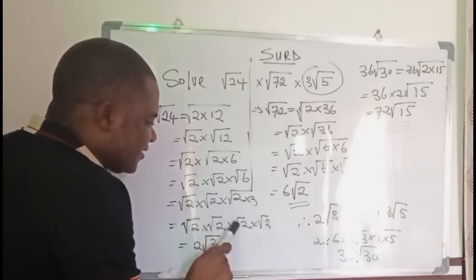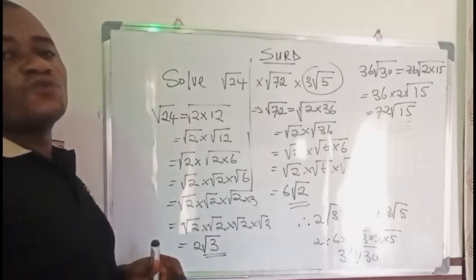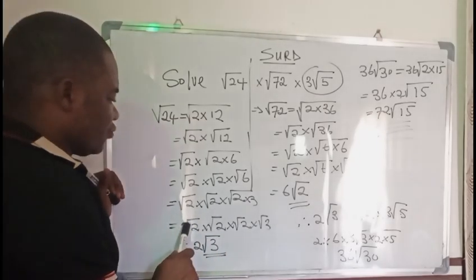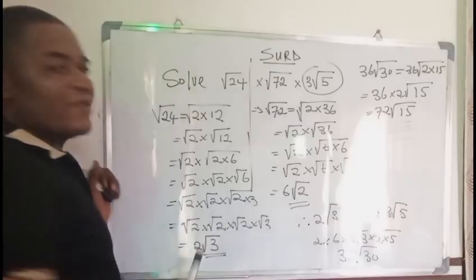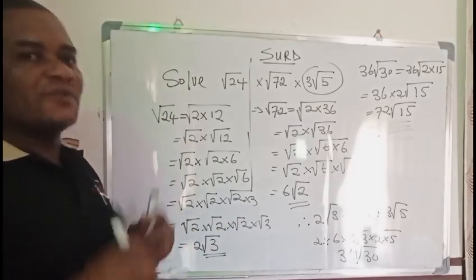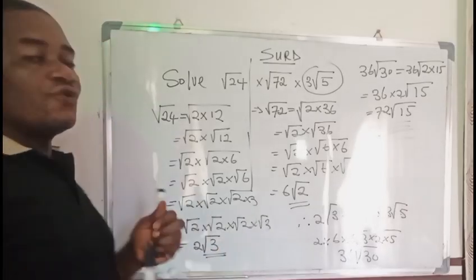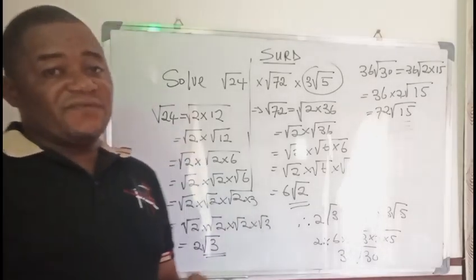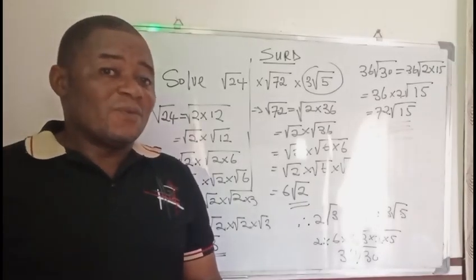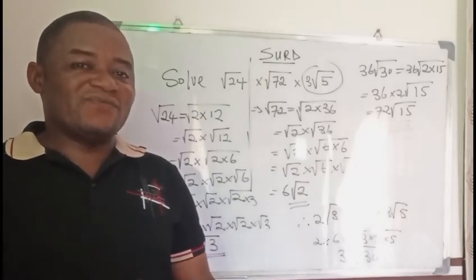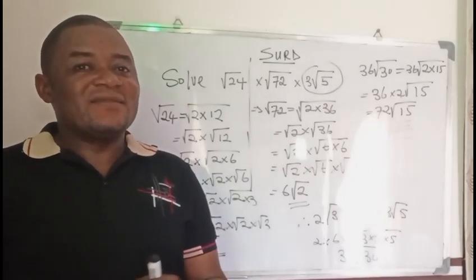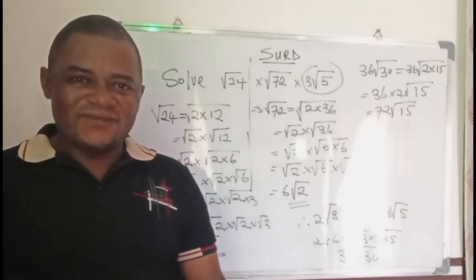Because these are the same SURDs, you pick just one integral number. So this SURD 2 times SURD 2 times SURD 2, we take 2, not SURD 2, just 2. So this means we have 2 SURD 3. Since we do not have numbers that can multiply effectively to give us the SURD, the numbers must not allow us to have results that are in decimal points. You must take note of that.